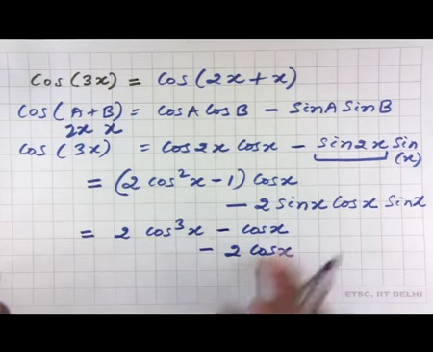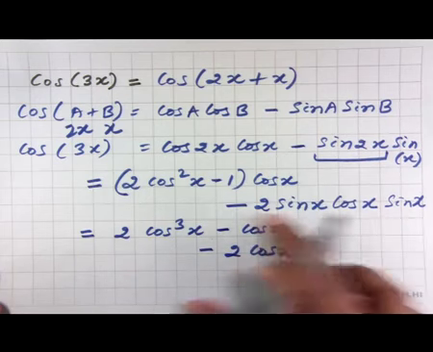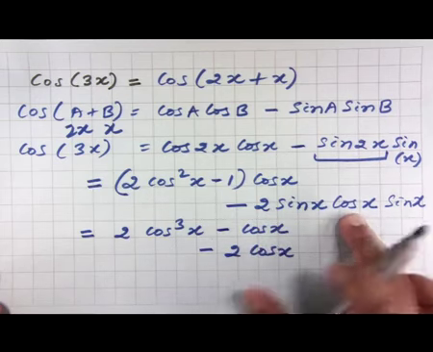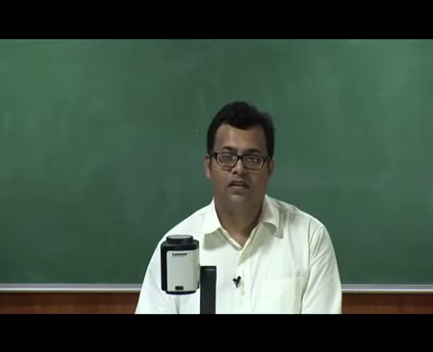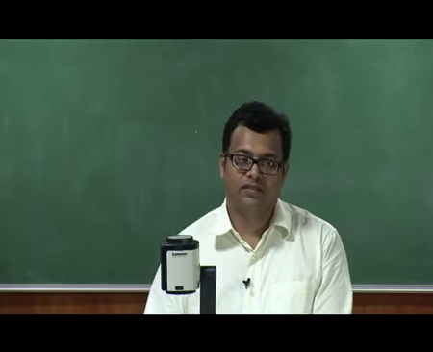So, this particular term is 2 times cosine x times sin square x, but sin square x is nothing but 1 minus cos square x.